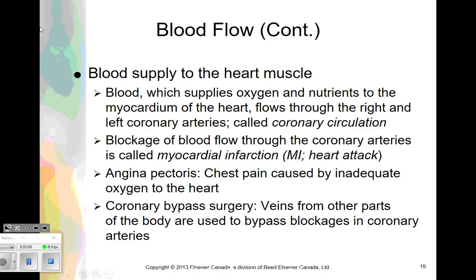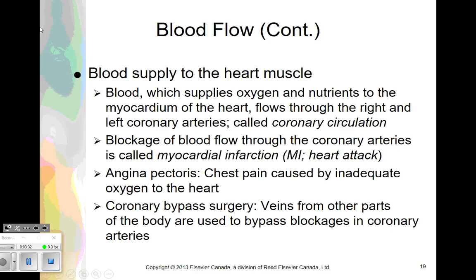Okay, so we'll learn a little more about angina and myocardial infarction, which is just a fancy way of saying heart attack. But do you remember what myocardium was? So that's the main muscle part of the heart, right?